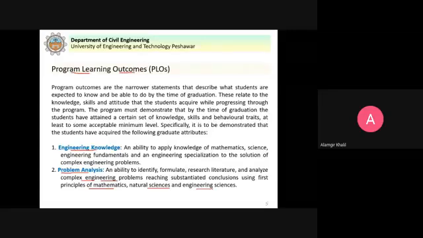So these PLOs are written in general terms because these are applicable to all areas of science and engineering. So the course learning outcomes that will be achieved, their contribution will go to PLO1 and PLO2.